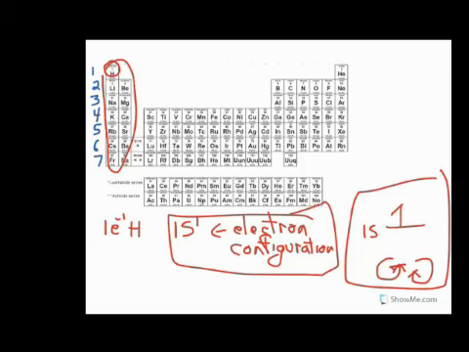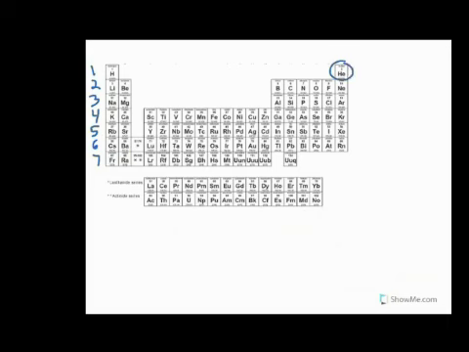Let me erase. Helium, 2 electrons in there. Remember, we can put 2 electrons in any orbital, so the first energy level is what we're filling. That's what that 1 represents. Right there. So it goes in the 1, and it's the S block. Remember, helium is an S block element. It actually belongs right here, but we've chosen for various reasons to put it over here.